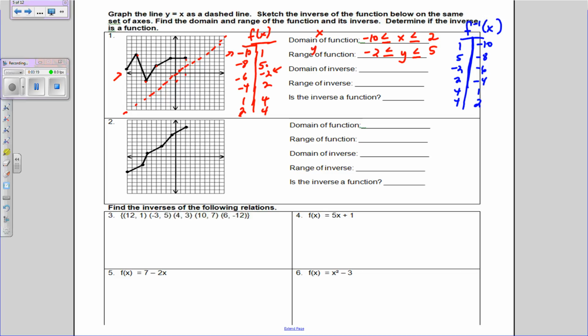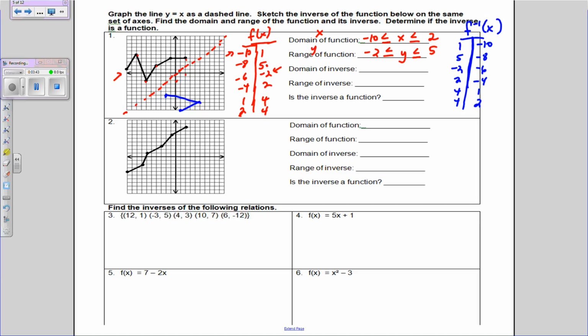So go forward 1, down 10, forward 5, down 8, backward 2, down 6, and by the way, connect as you go on this because you'll get lost in the process.